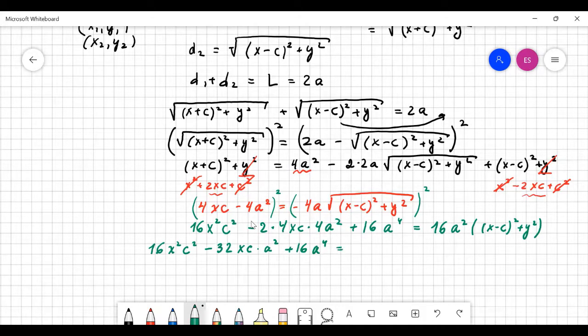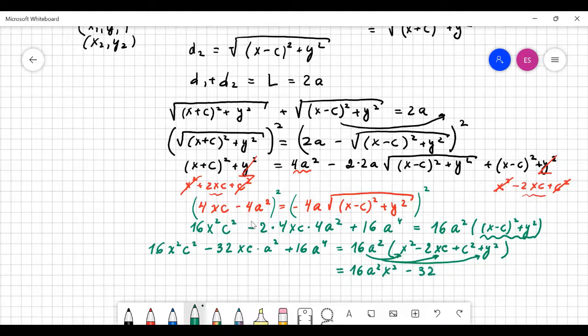On this side, I have 16a squared, and I'm going to open this parenthesis. So it's x squared minus 2xc plus c squared plus y squared. Well, I'm going to continue working on this side, distributing this 16 over each of these terms. So I have 16a squared x squared minus 32a squared xc plus 16a squared c squared and plus 16a squared y squared.